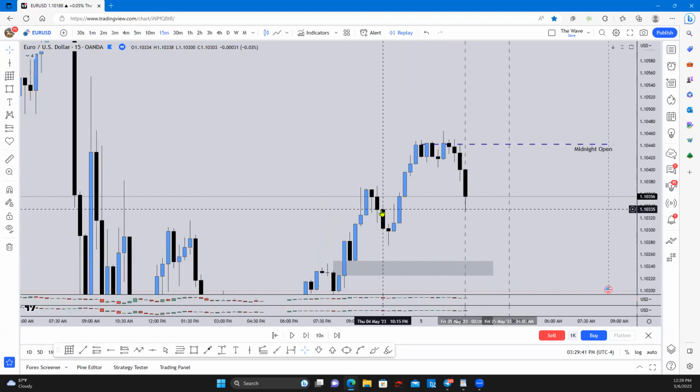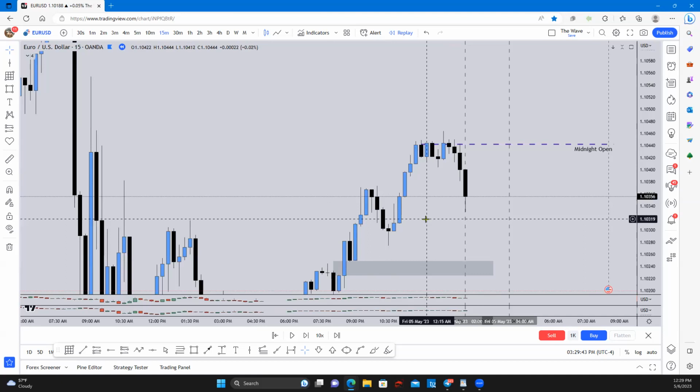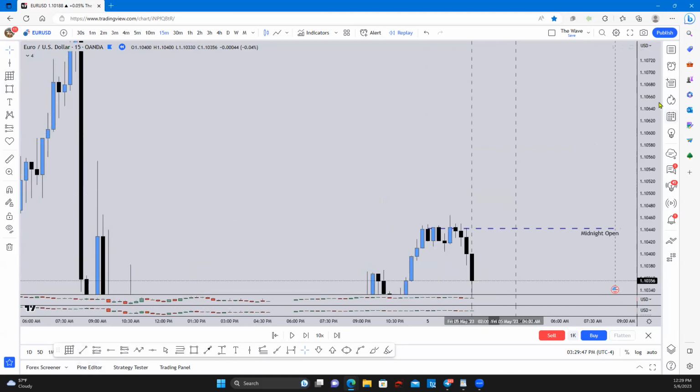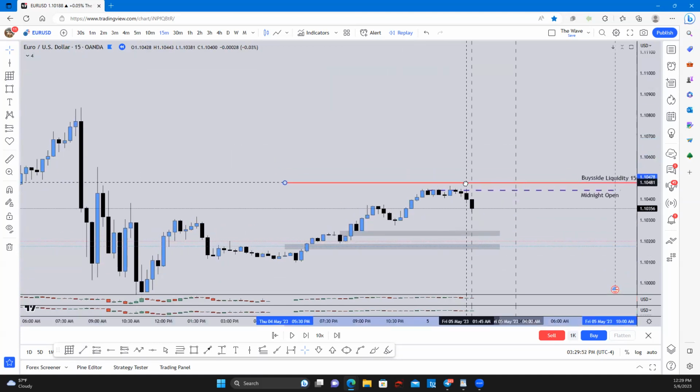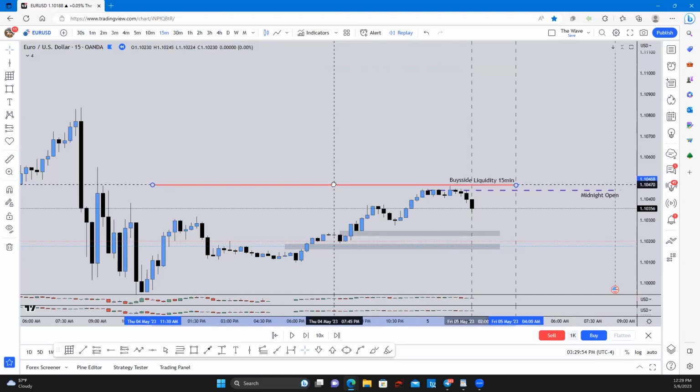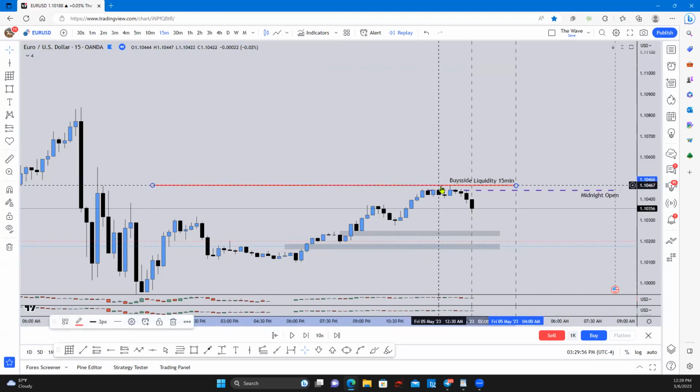Now, where do we have equal highs or equal lows? We have equal highs right here on the 15-minute. If you notice this swing high, if you run it all the way back, it is relatively equal to this bearish candle's wick here.